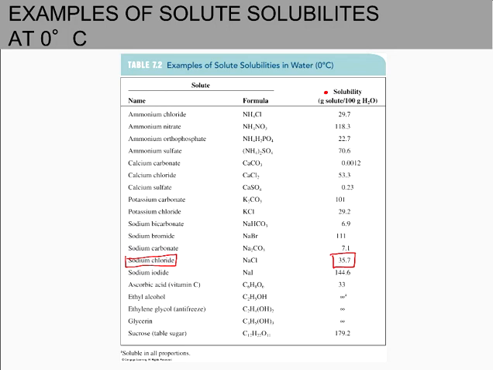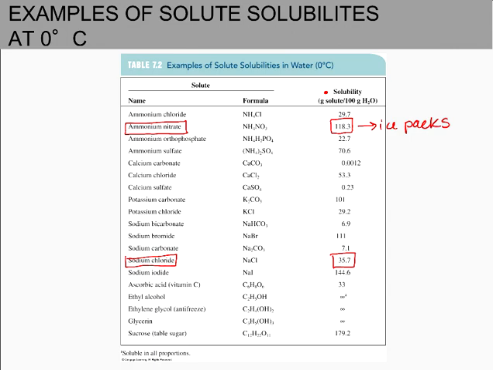Let's see, ammonium nitrate has a solubility of 118.3 grams for every 100 grams. And this is the compound that's found in ice packs. So that actually has a very high solubility in water at 0 degrees Celsius compared to sodium chloride.